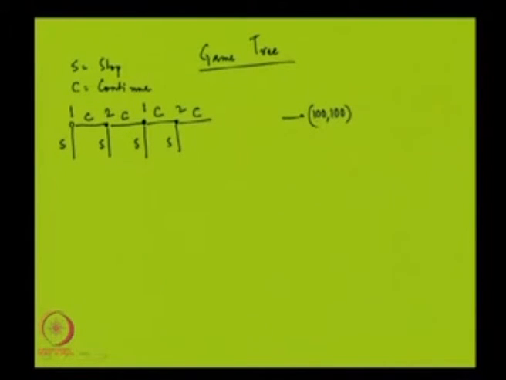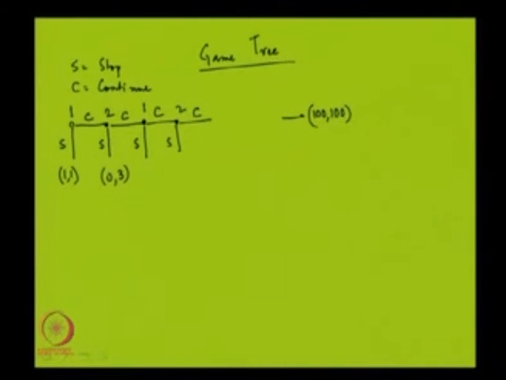In stage 1, if player 1 says stop, then there is no progress of the game, and the initial endowment of 1-1 is the payoff they get. If player 1 says continue, then obviously 1 rupee will be deducted from his pile, and player 2, if he says stop now, will get 2 rupees and player 1 will be left with 0.